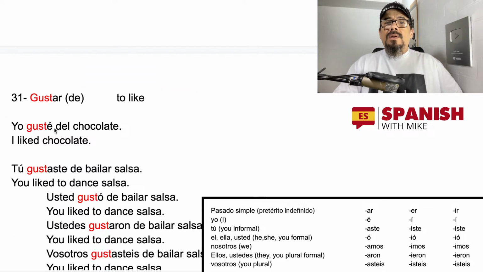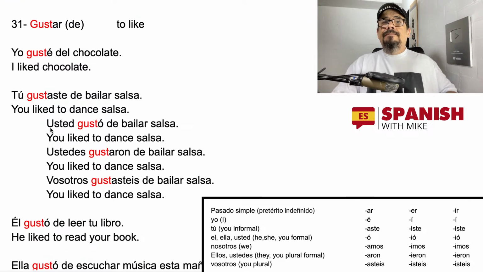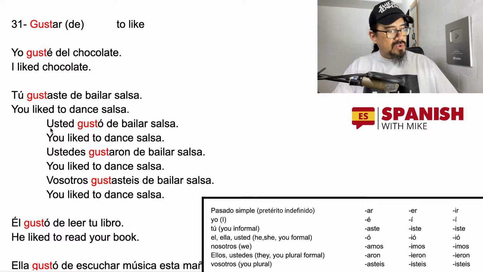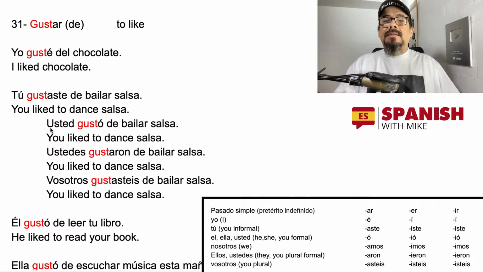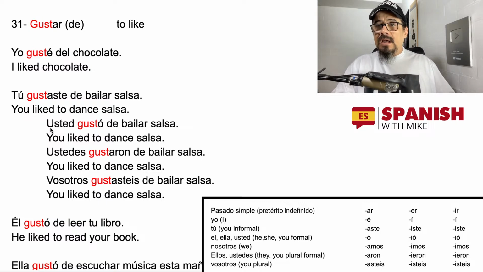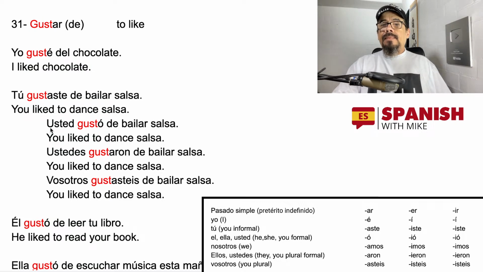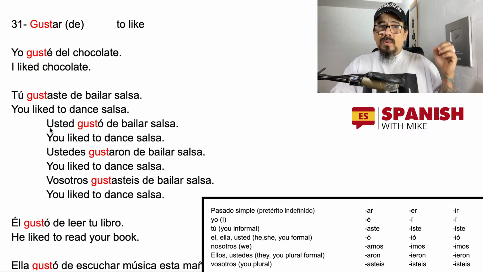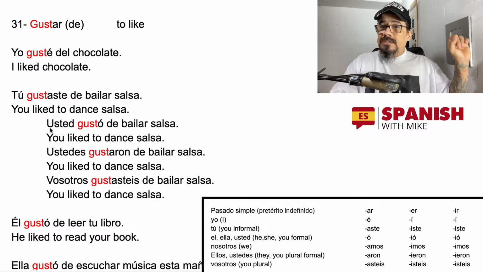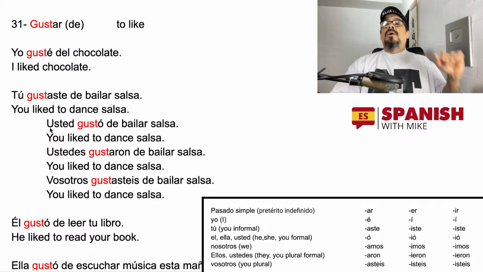Female. Gustar. With gustar, we have explained this before, but nonetheless, we're going to talk about that again tonight. Gustar, the real translation of gustar, the way we write in English is gustar de. And that's how it makes sense when I say I liked, you liked, he liked, when we translate into Spanish.